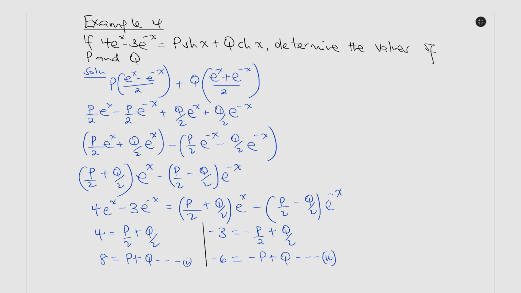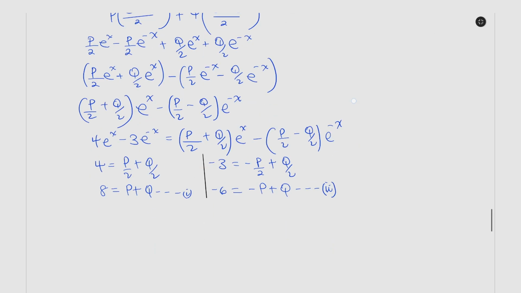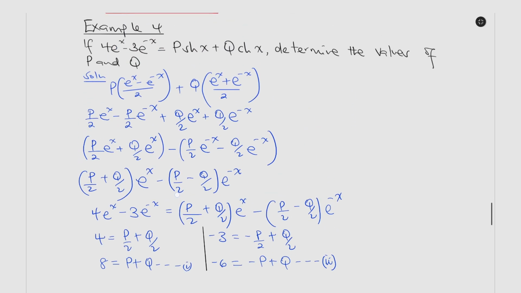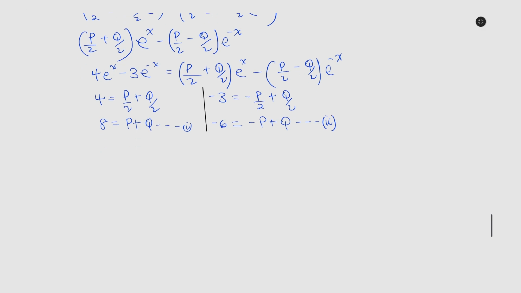And with that I can solve for the values of p and q. I can solve for them using this set of simultaneous equations. Let me just do exactly that. So I have p plus q is equal to 8, minus p plus q is equal to minus 6.